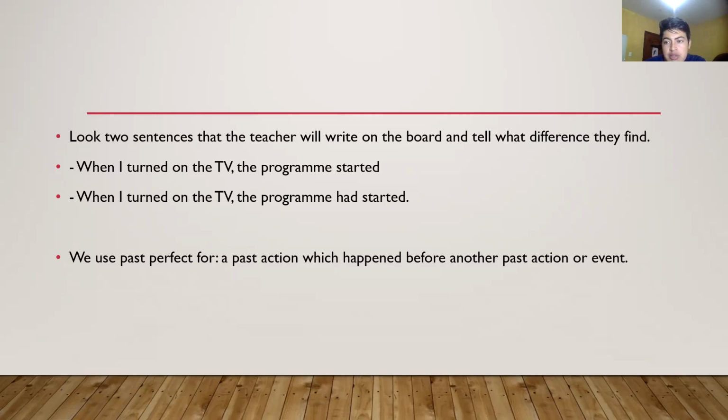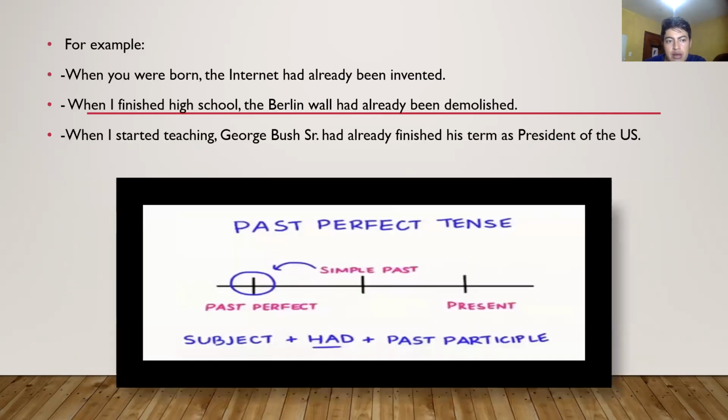Also, we use the past perfect for a past action before another past action or even an event. When you were born, the internet had already been invented. When you were born is the simple past, and the internet had been invented is the past perfect.